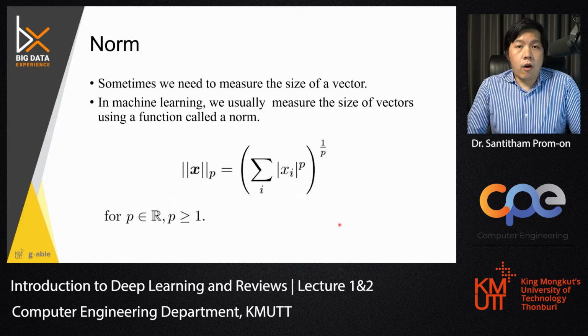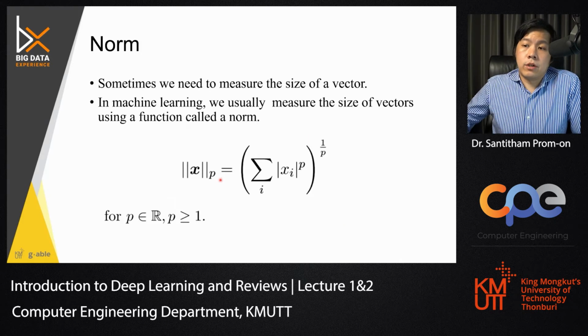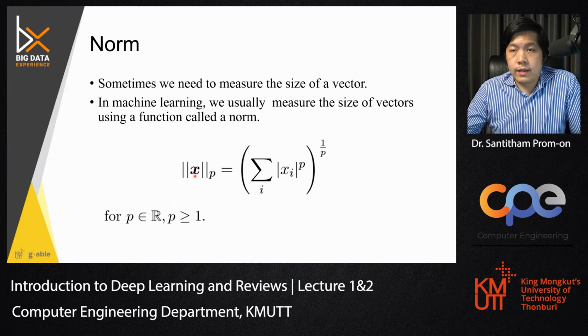The concept of norm in vectors. Norm refers to the size of the vector. We usually call the function the norm of order p, and usually we use L1 and L2. The norm of order p can be found by this equation. It's a summation of the values to the power of p, and then taken to the power of 1 over p.